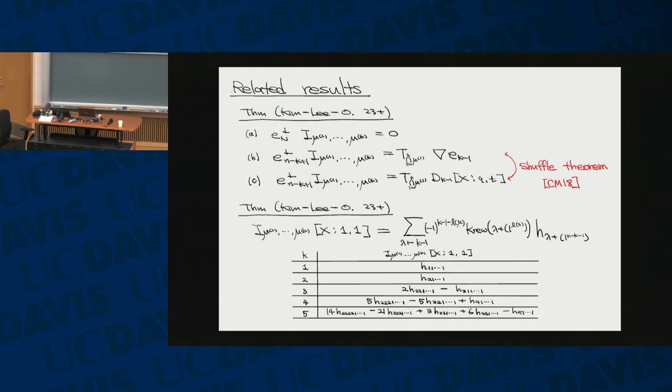So what is the number of ones? Is it k? No, the number of ones should be n. Mu_1 through mu_k are partitions of n, so the degree should match. These mu_1 through mu_k should be obtained in this fashion, by removing corners, right? Yeah.